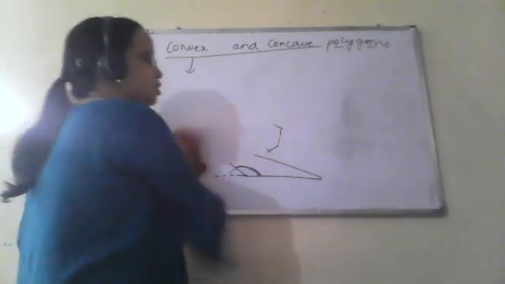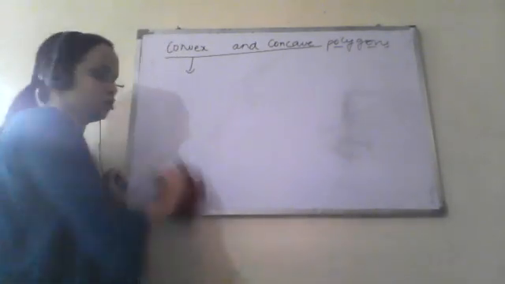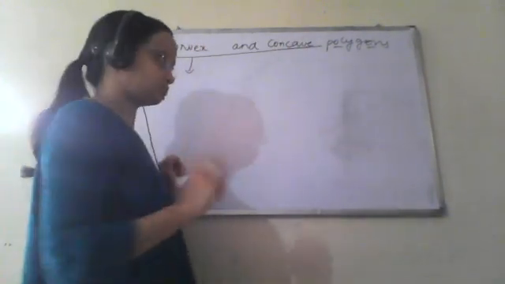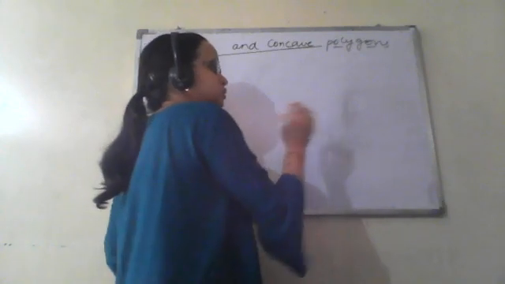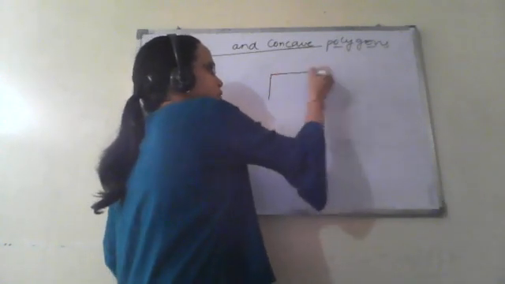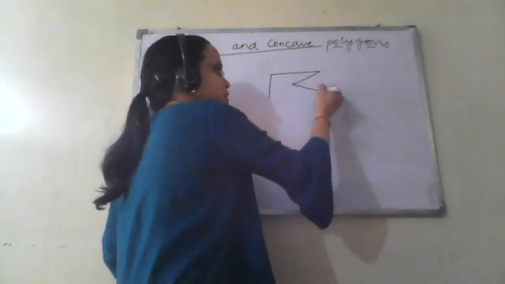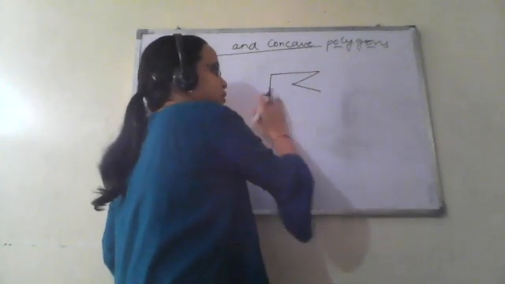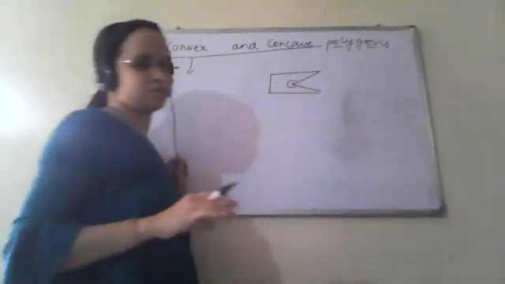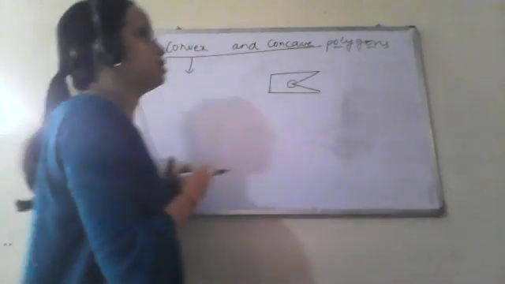Now, what are concave polygons? Concave means a cave-like structure. It is very easy to recognize, as you will have this cave or peak structure in it.